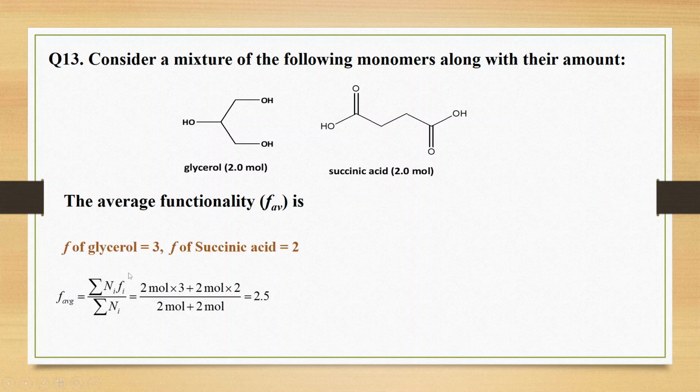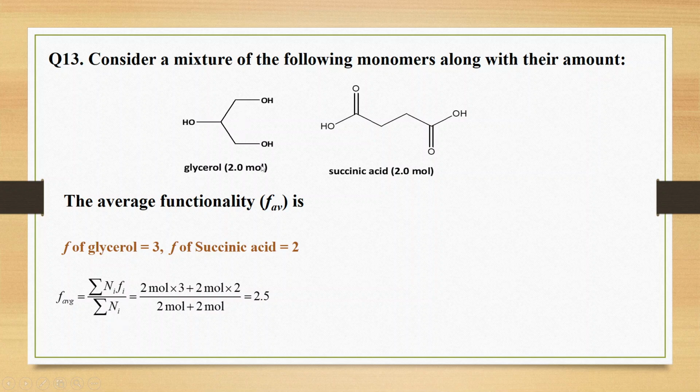Yes, so the correct answer was 2.5. The functionality for glycerol is 3 because there are 3 OH groups, and succinic acid has 2 COOH groups, so its functionality is 2. Now for the average F value, the formula is summation of NiFi divided by summation of Ni, where N is the number of moles.